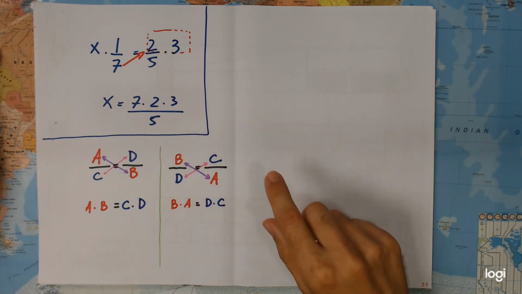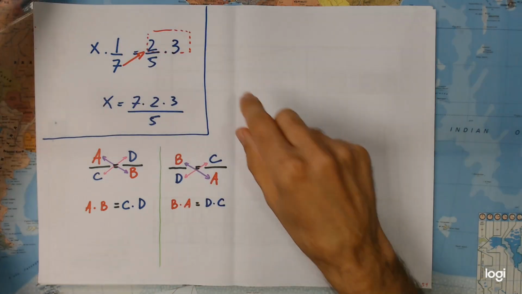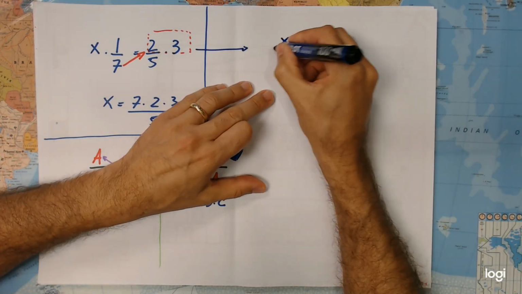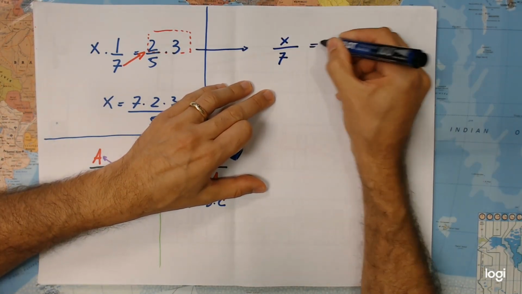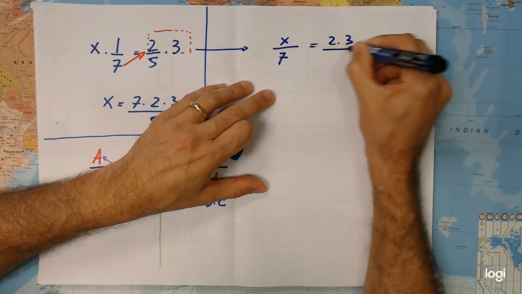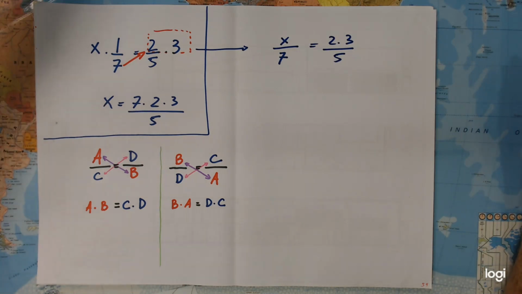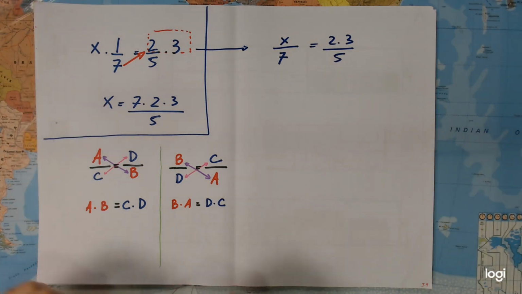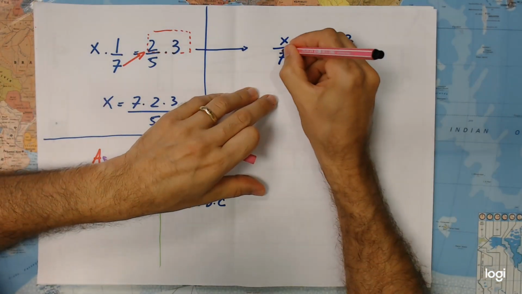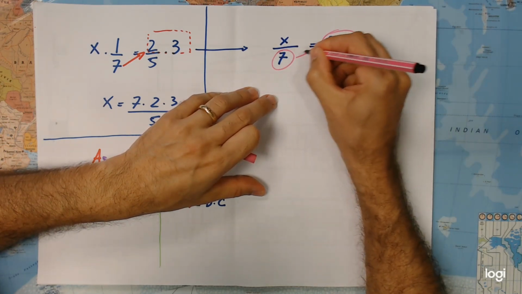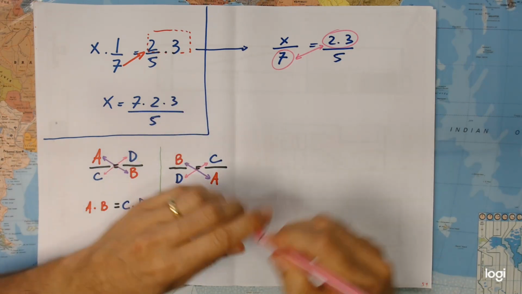So, in the same way, let's write this equation here. But I'm going to write it like this, because it is the same. I'm also going to use the same colors. The 7 and the 2 times 3, they are the same.